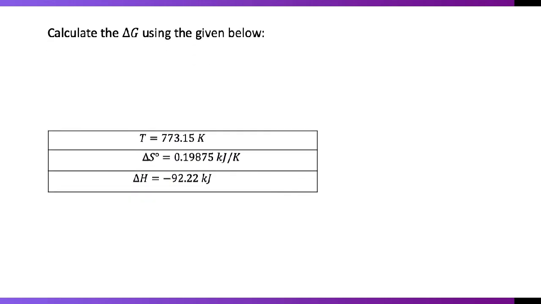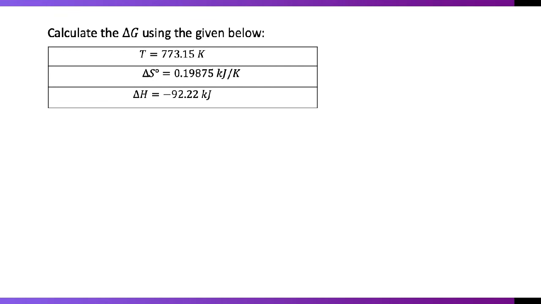And for the last problem, calculate the delta G using the values given below. So we are given the temperature, we have the delta S and the delta H. Make sure that your temperature unit is always Kelvin.